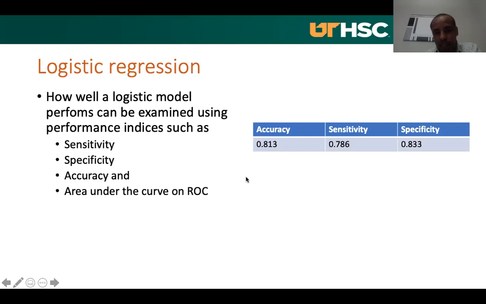And the area under the curve tells again whether our model is really accurate. It is based on the ROC curve, and we'll see in the next slides.